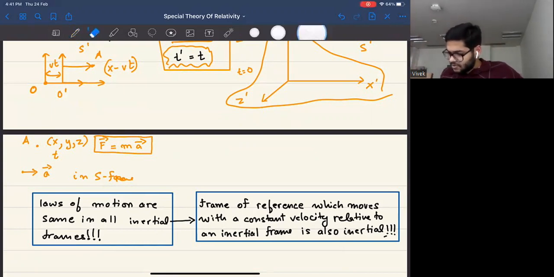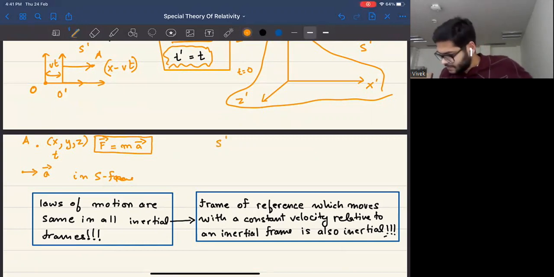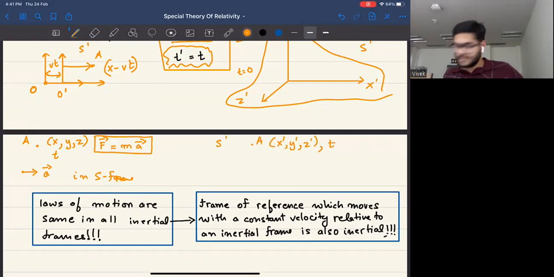So let us go on to our frame S prime that was introduced earlier. In this frame S prime, the position of the particle is given by x prime, y prime, and z prime, and time is given by t prime. But because t prime is equal to t, I am just going to write it as t. So what is the acceleration a prime of this particle A in this frame?